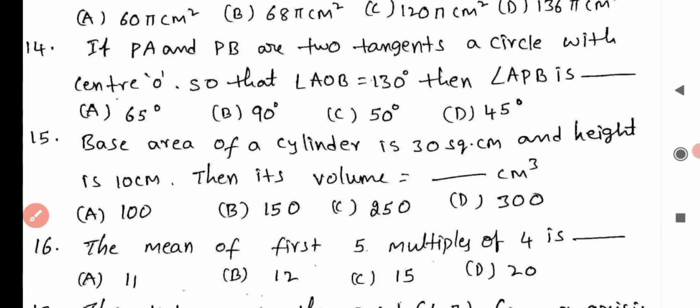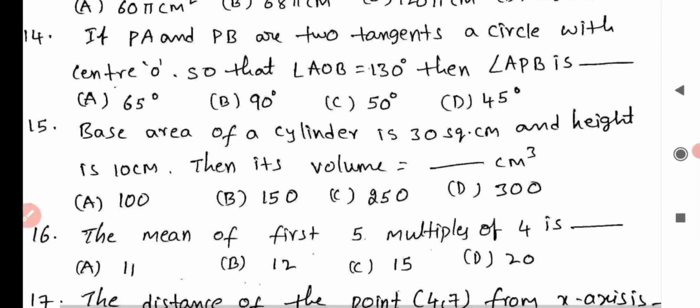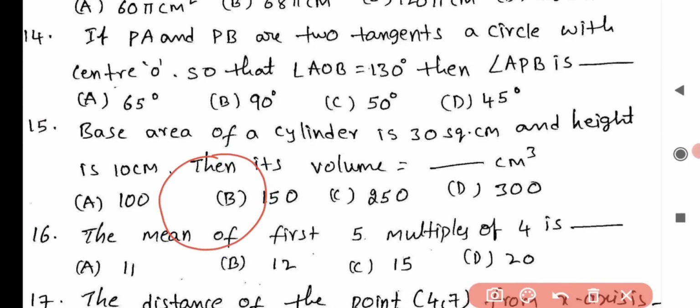Next, if PA and PB are two tangents of a circle with center O, so that angle AOB equals to 130 degrees, then angle APB equals to what? So here one circle, this one external point P, this is one tangent PA, one tangent PB.